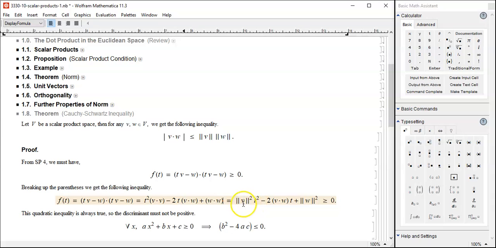And v dot v, you can write as norm squared. W dot w, we can write as norm squared, and then this coefficient here is negative 2 v dot w. And what we have is a quadratic function, at squared plus bt plus c, which is always greater than or equal to 0.